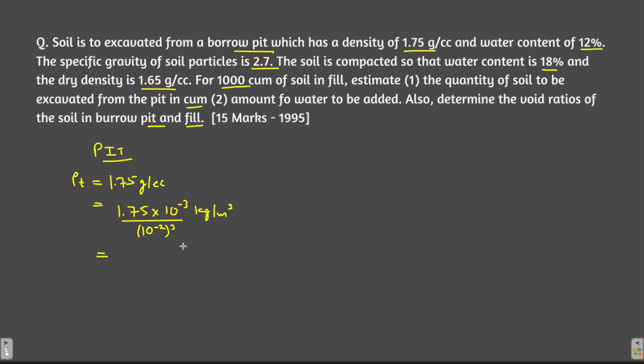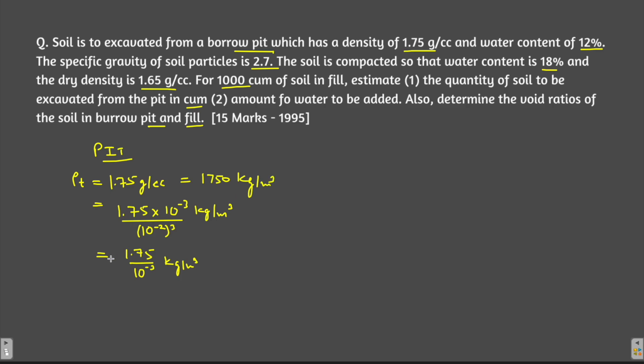So the numerator is 10 to the power minus 3 and the denominator is 10 to the power minus 6, so it will come out to be 1.75 into 10 to the power minus 3 in the denominator, kg per meter cube, and finally it will be 1750 kg per meter cube.